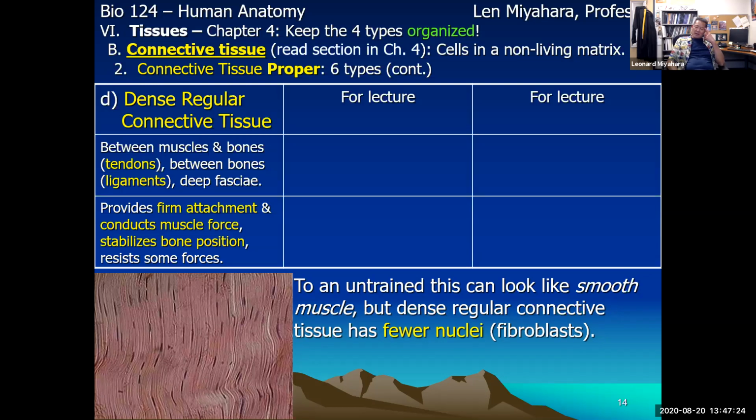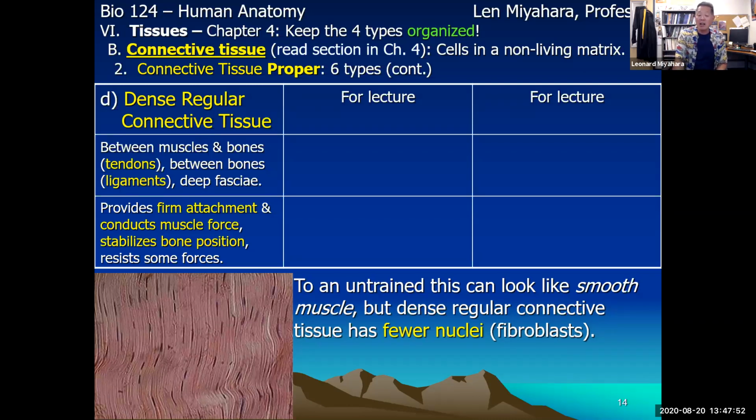That's notes of visual recognition. Dominated by parallel lines, very few nuclei. Here, these parallel lines are vertical up and down, and only these little black dashes are the fibroblast cells. The reason why the nuclei are separated is because these parallel lines are not cells.